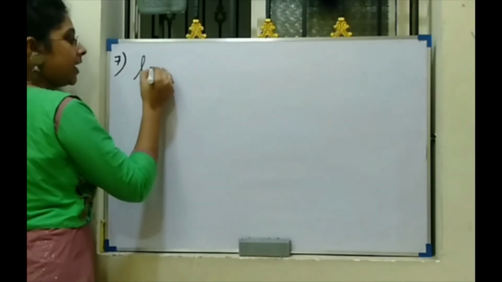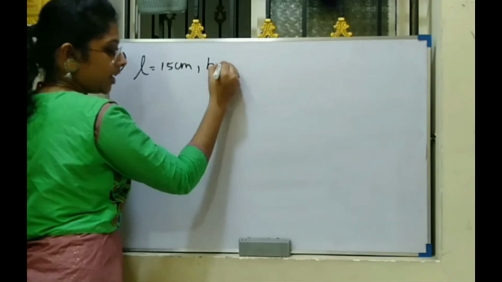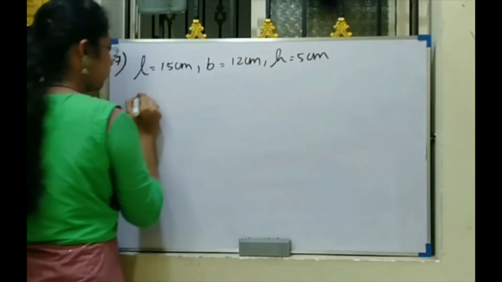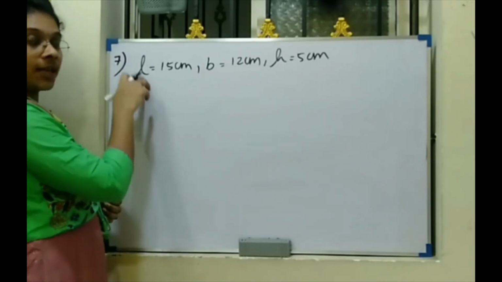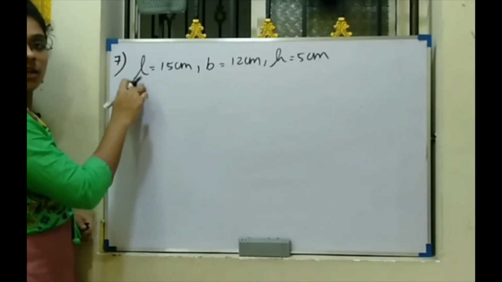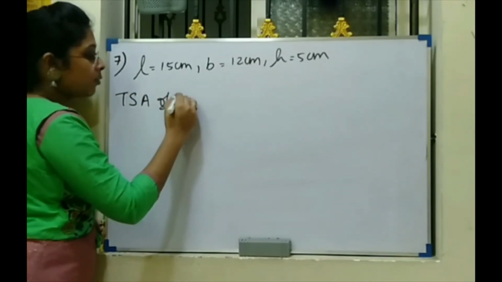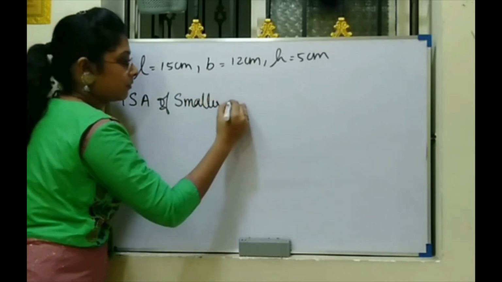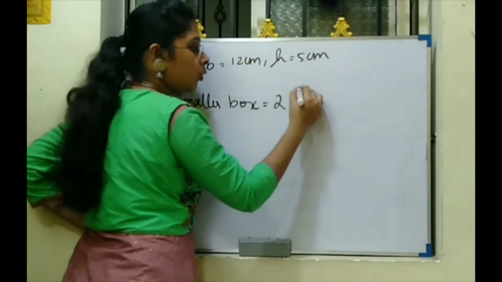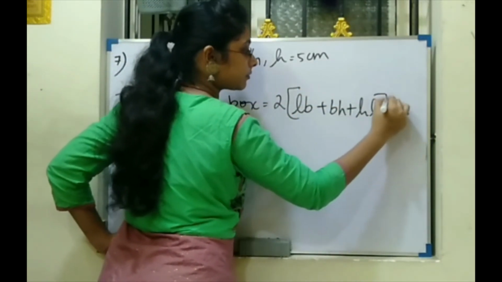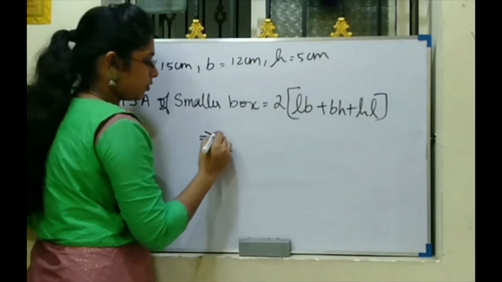For small box, my length is 15 centimeter, my breadth is 12 centimeter and my height is 5 centimeter. Now, for smaller box, I am keeping smaller alphabets, okay? Now, what is the total surface area of smaller box? It's the same, right? So 2 into LB plus BH plus HL, where we have to substitute them.